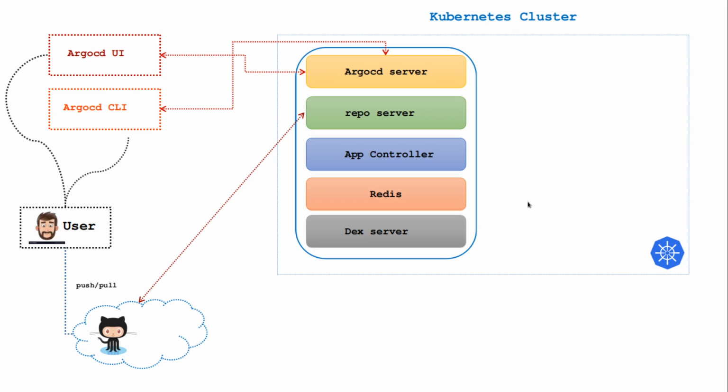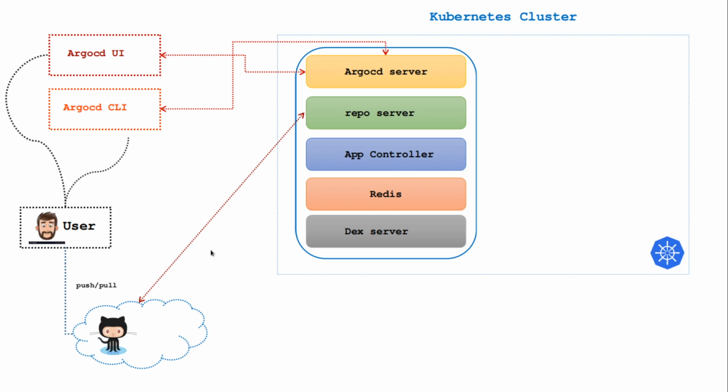So if a user pushes or makes some modification in the GitHub repository, the repo server will compare the desired state in the GitHub repository with the current state that we have in the Kubernetes cluster.